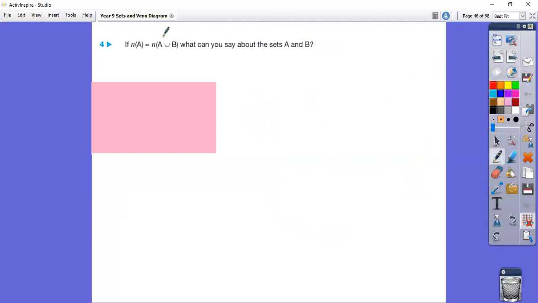Okay. Question 4, if the number of elements in A is equal to the number of elements in A union B, what can you say about the sets A and B? Again, pause if you want to, have a go, then resume.